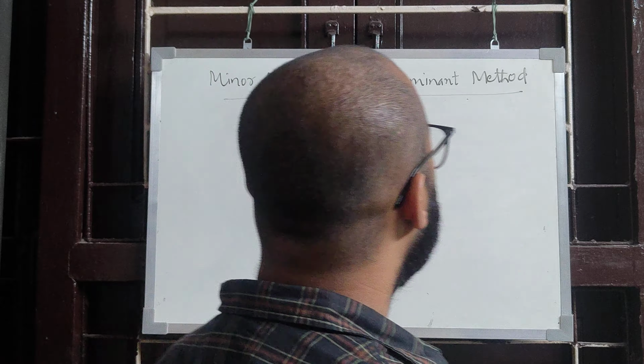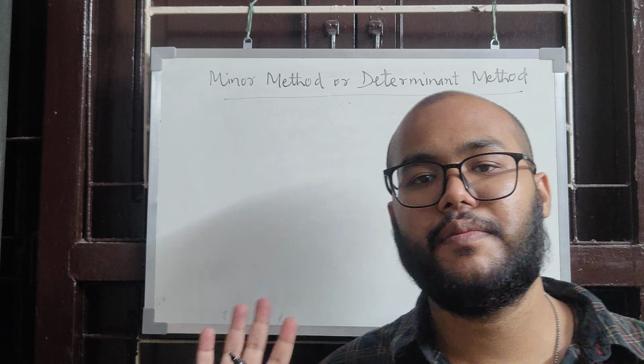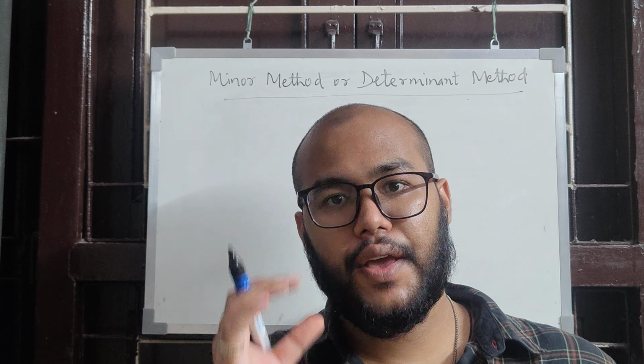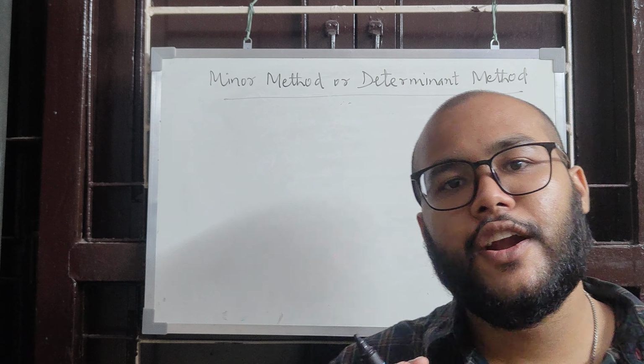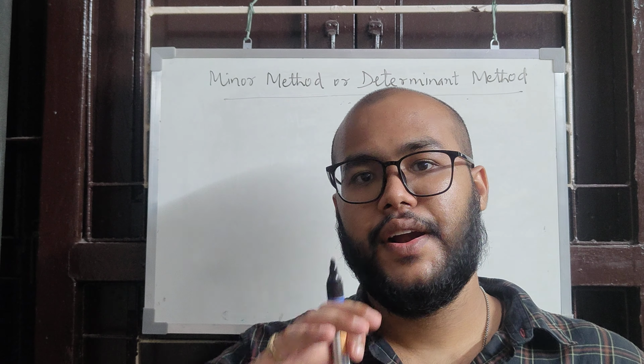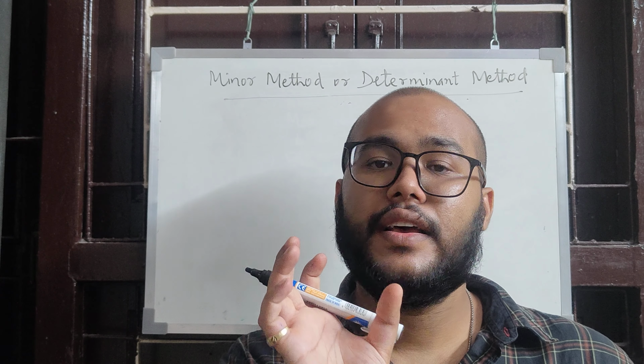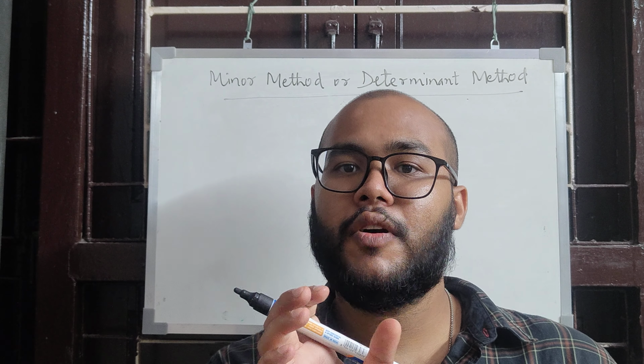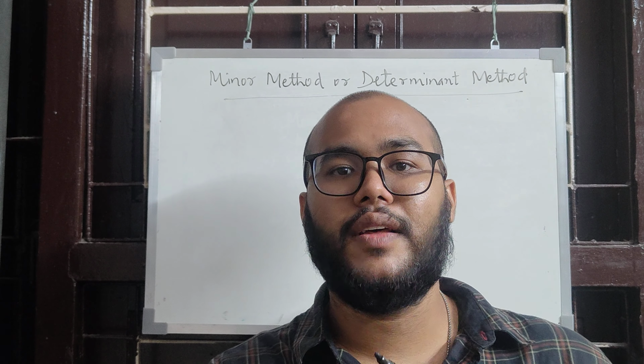Suppose there is a 3 cross 3 matrix, and we are trying to find the rank of it. If determinant of the matrix is non-zero, then the rank will be the minimum out of the rows or columns.